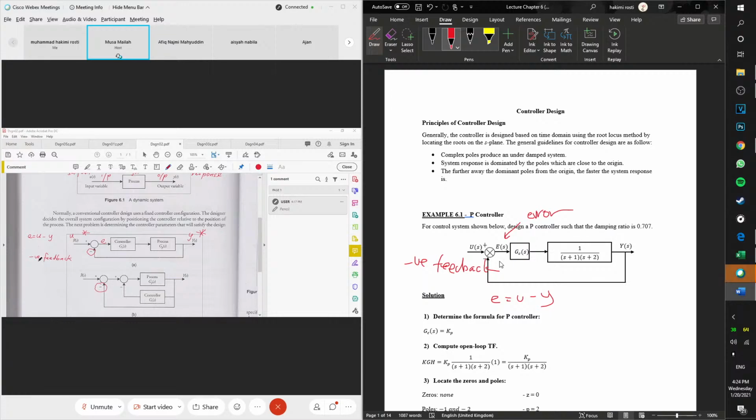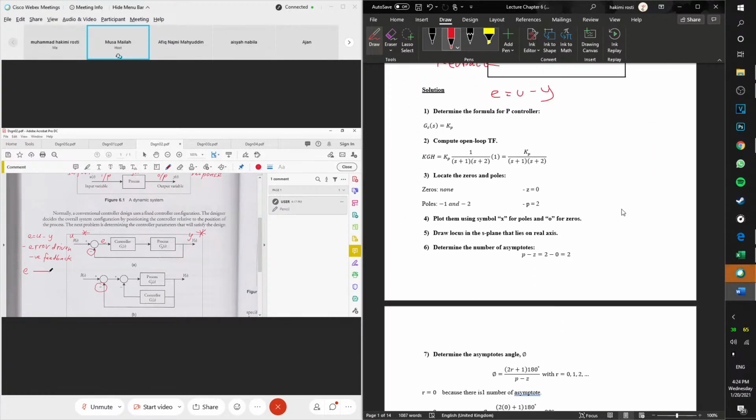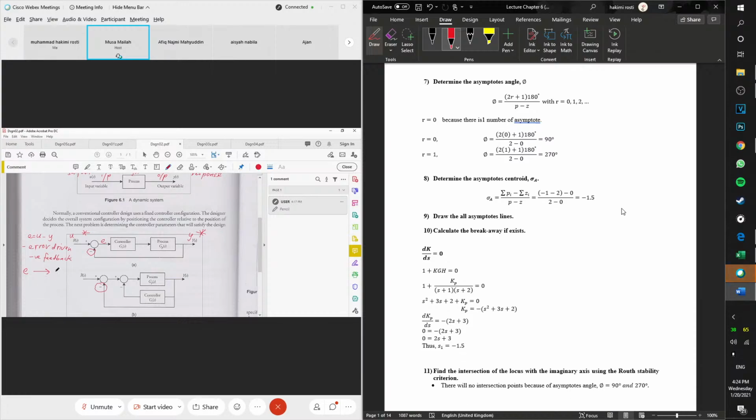Why negative feedback? Because we want to create error, and most of these controller configurations, if not all, are error driven. So E is error driven. What does it mean? Error driven means the controller, more often than not, will cause the error to become 0.